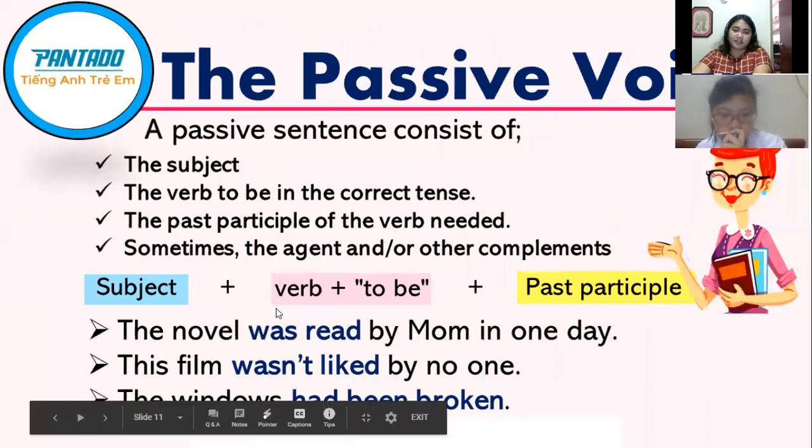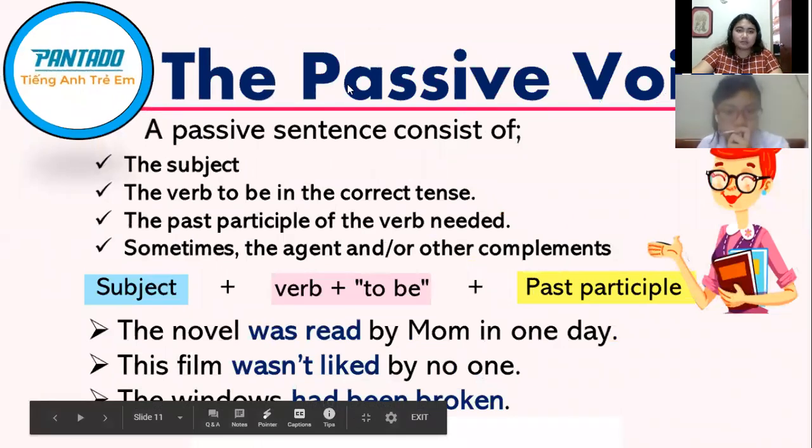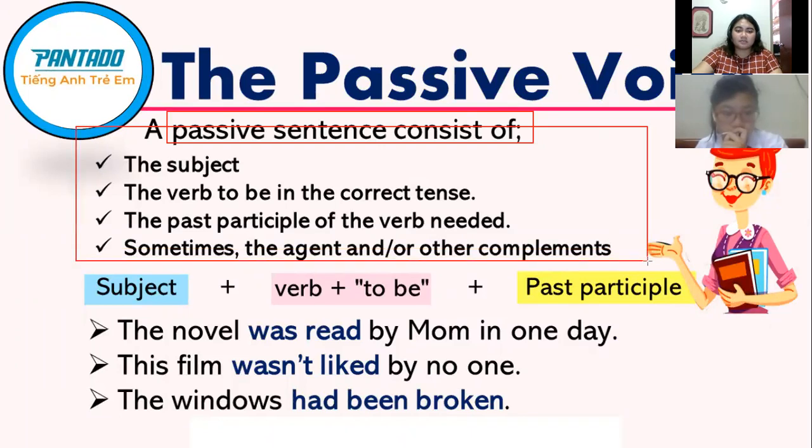All right. So again, you can use this format. The passive sentence consists of, please read this: the subject, the verb to be in the correct tense, the past participle of the verb needed, sometimes the agent and other complements.